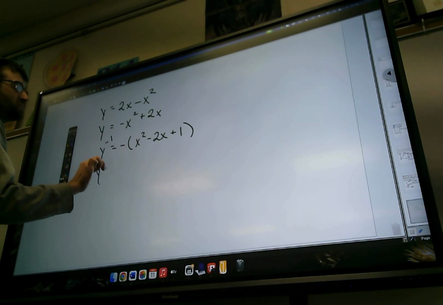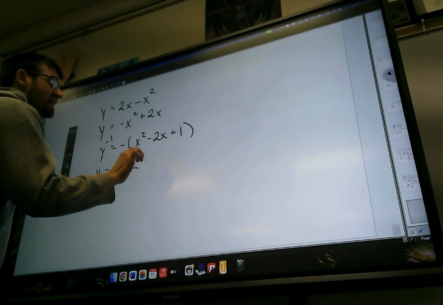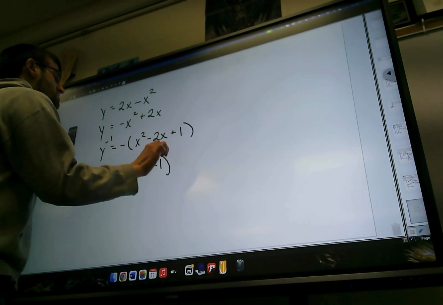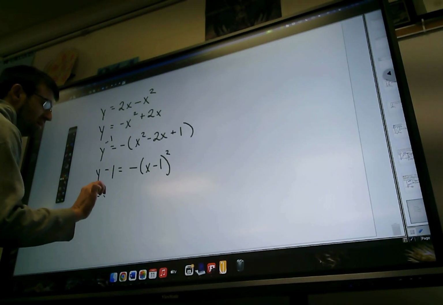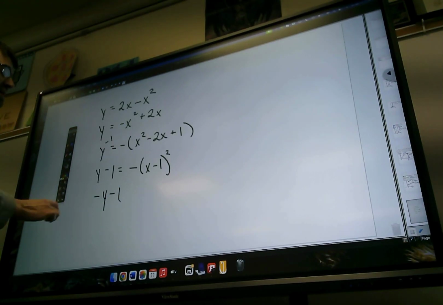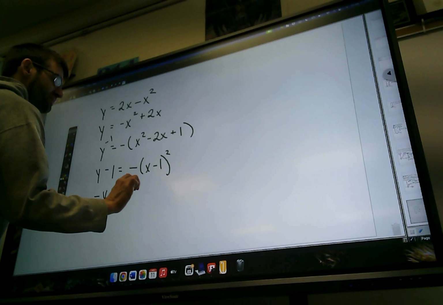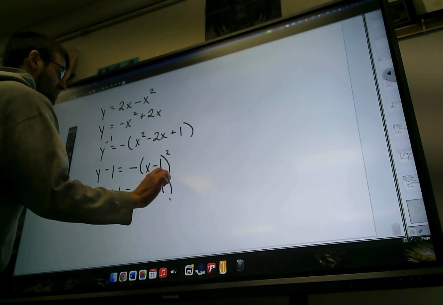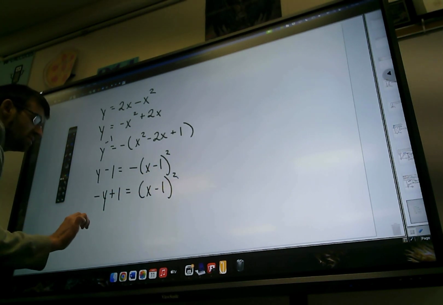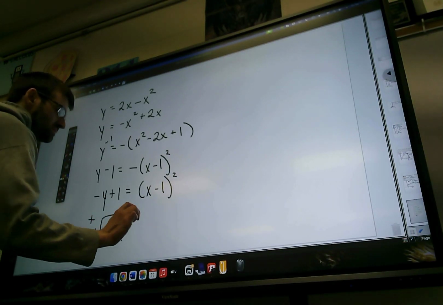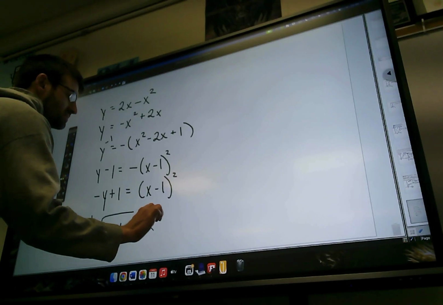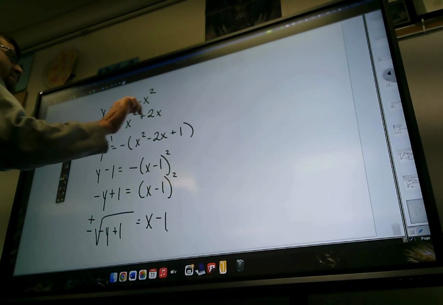So I have y minus 1 equals negative x minus 1 quantity squared. Now to solve that for x, I'm going to have to multiply both sides by negative 1. I'm going to take the square root. Add 1 to the other side.